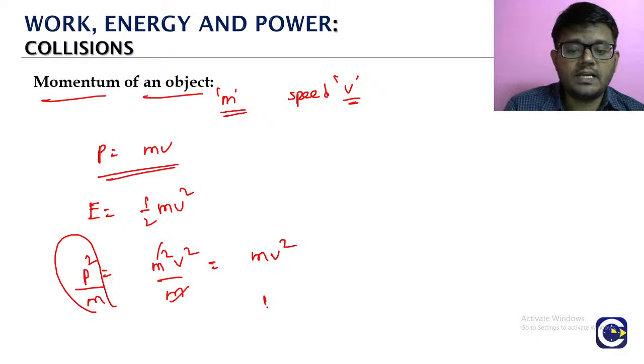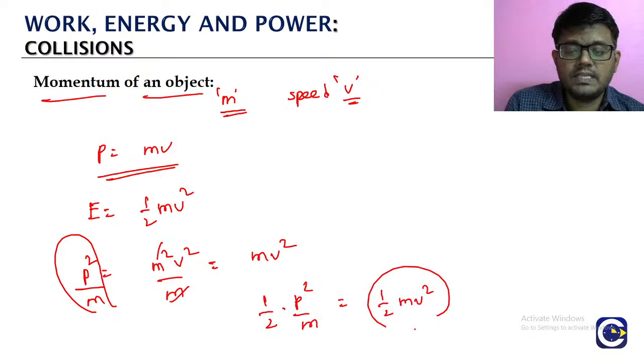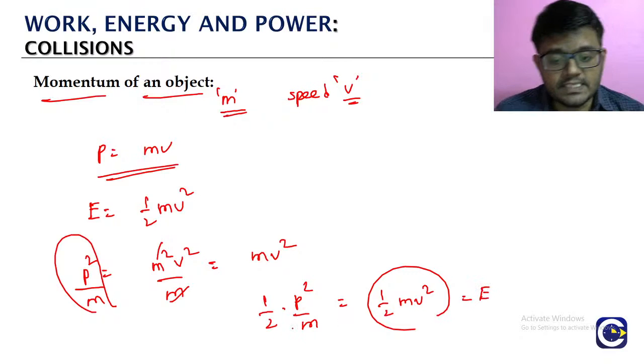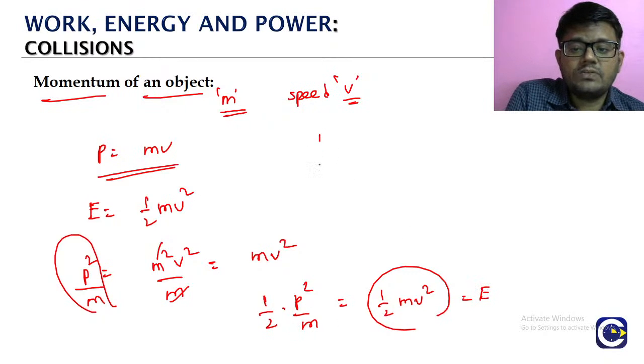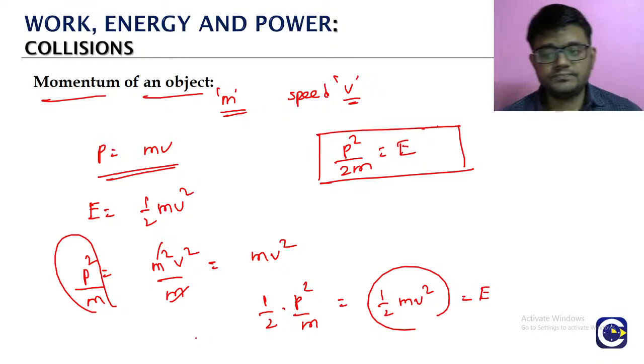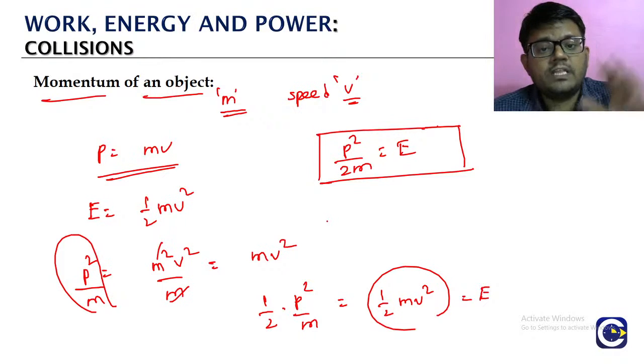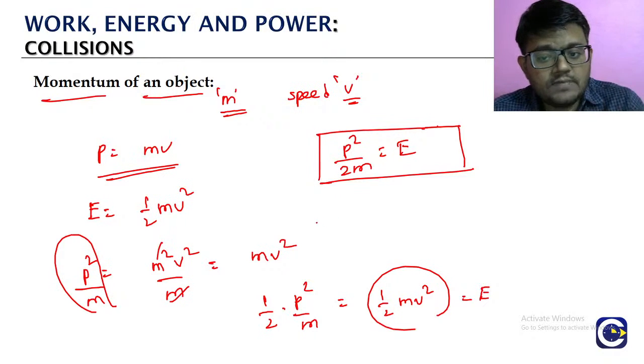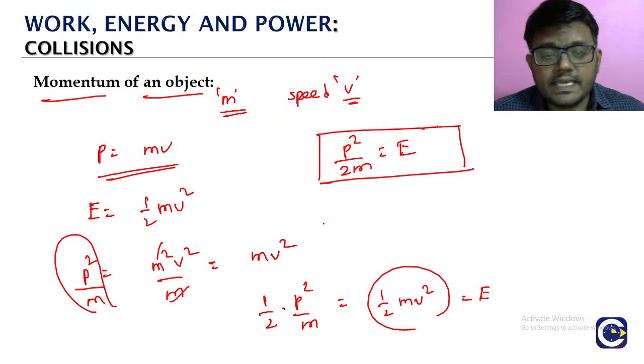Multiplying by half, half into p square by m equals half m v square, which is the kinetic energy. So the relation between kinetic energy and momentum is p square by 2m equals kinetic energy. If you have the momentum and mass of the object, you will be able to find the kinetic energy.